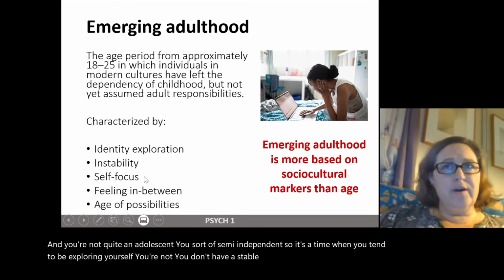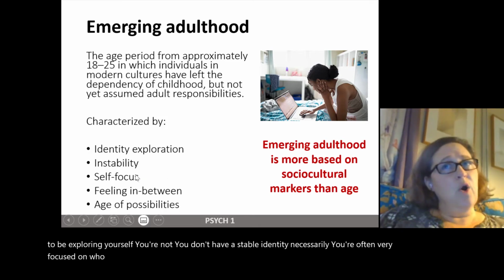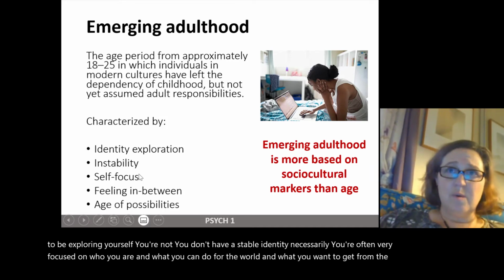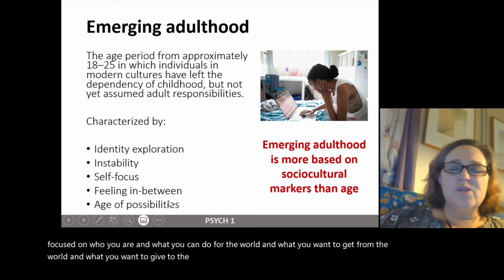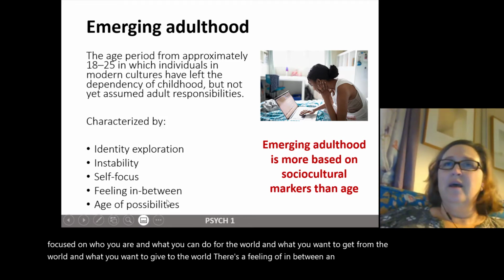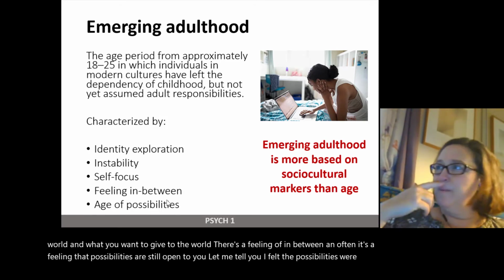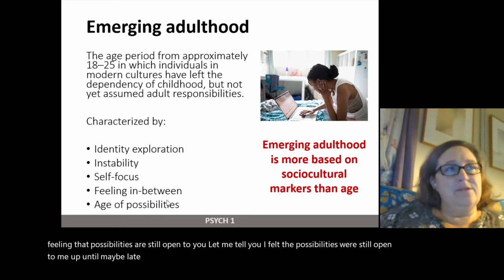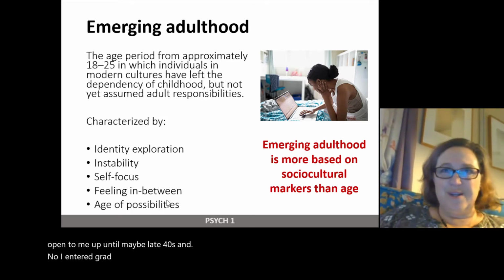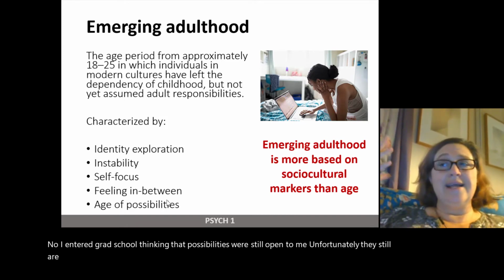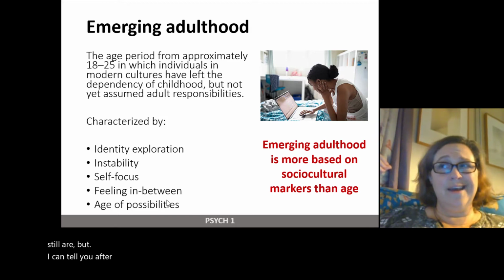You're often very focused on who you are, what you can do for the world, what you want to get from the world, and what you want to give to the world. There's a feeling of being in between, and often a feeling that possibilities are still open to you. Let me tell you, I felt that possibilities were still open to me up until maybe my late 40s. I even entered grad school thinking that possibilities were still open to me. Unfortunately, they still are. But I can tell you, after 50, you start to think, yeah, I've got to make do with what I've got right now.